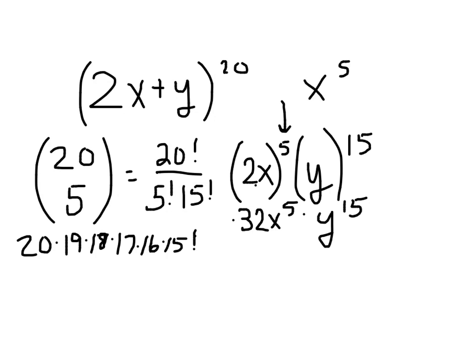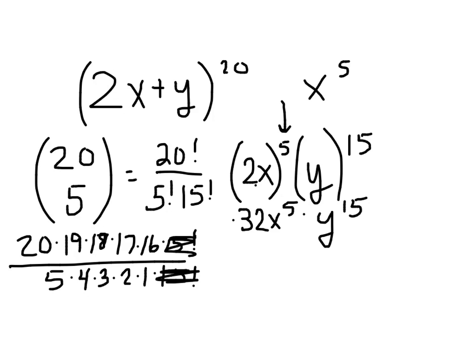And I'm going to explain why I wrote it like that. 5, 4, 3, 2, 1 times 15 factorial. Remember, if you've got something 1 for 1, all that's going to wipe away. Now, using some of what I've got left over, that would go down to a 4. This would drop this down to a 6.